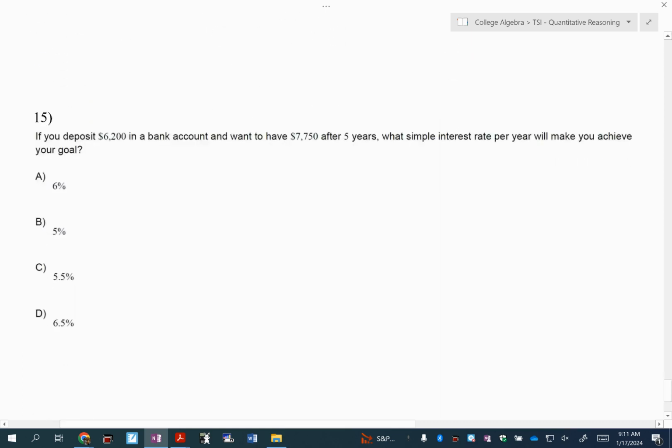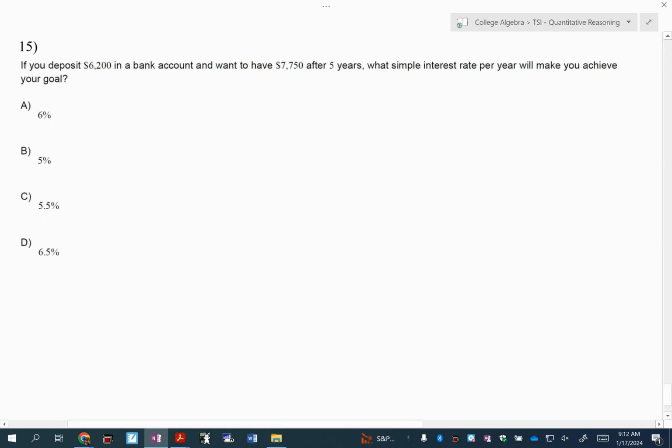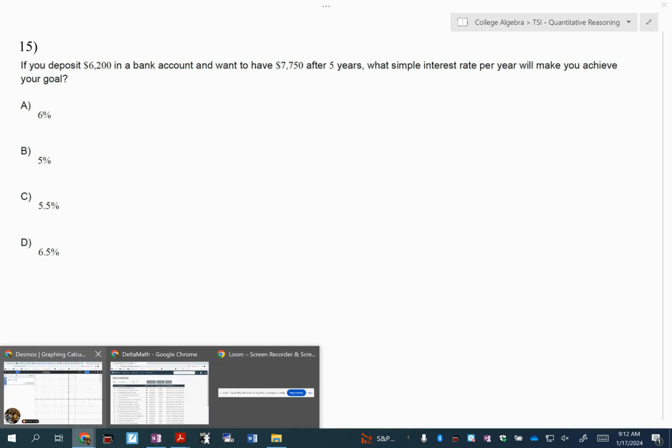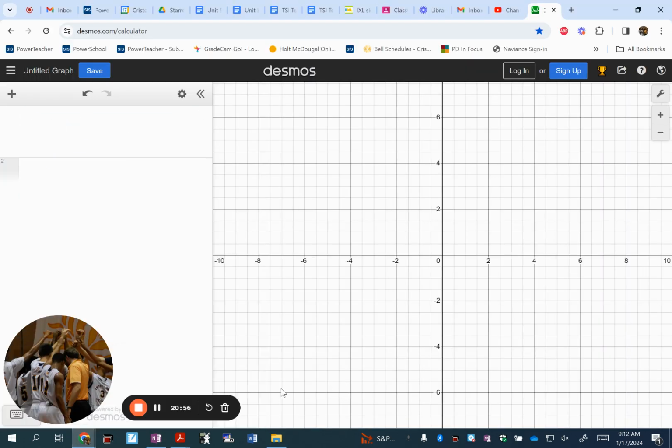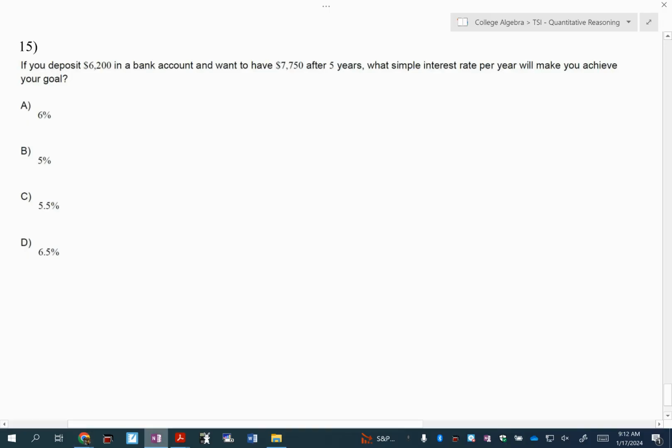All right, let's use that same understanding to help us with 15. So this person is depositing $6,200 in a bank account, and they want to have $7,750 after 5 years. So in terms of interest, I would need to subtract 7,750 minus 6,200. Make sure I got that right. 7,750. Yep.